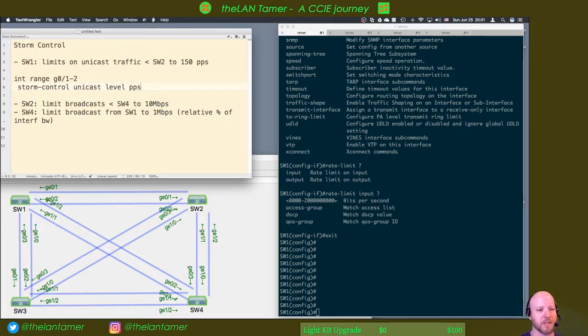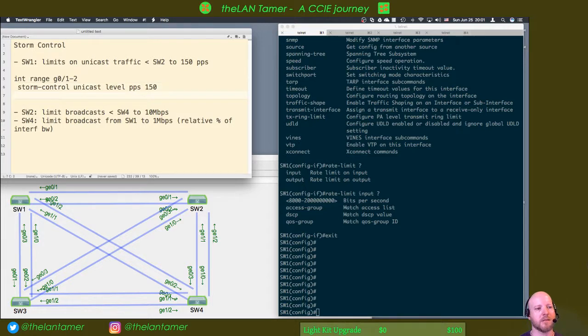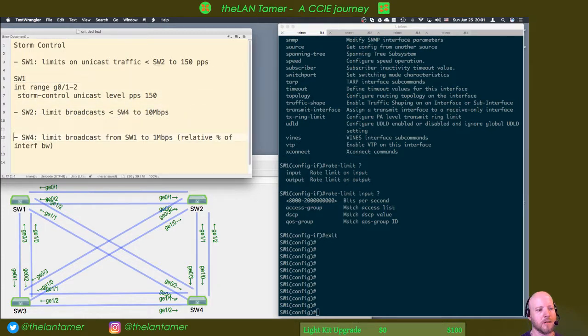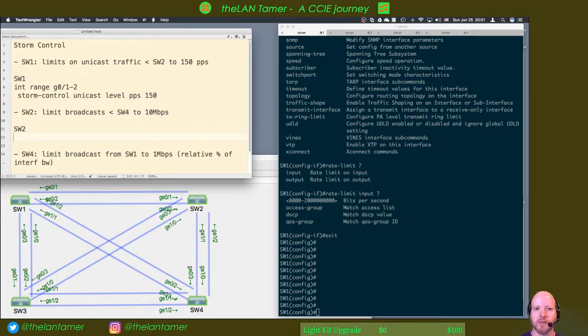Level is packets per second, 150. Let's switch to, no storm control on IOSv, folks. So unless I'm missing something, yeah, no storm control in VIRL. Can't do it. You have to do it the good old-fashioned way here, just type out the commands.